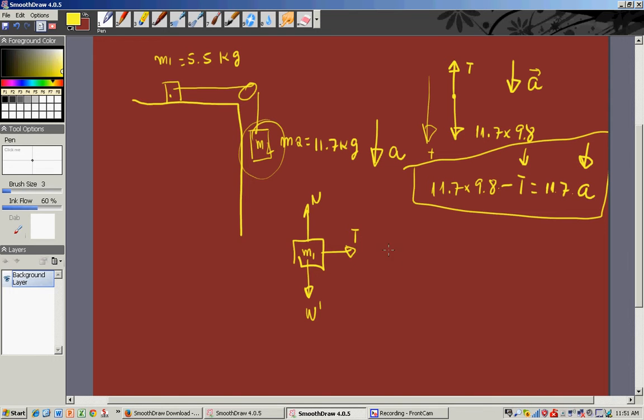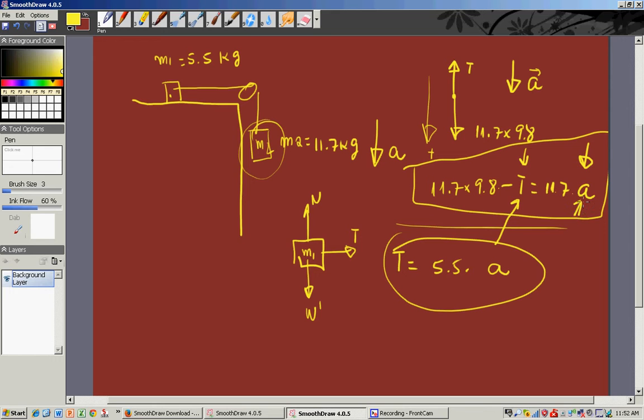But in this problem there is no friction, so you don't need to worry about it. So for block M1, the only thing that satisfies Newton's law is that T is equal to M1 times acceleration. Piece of cake, you get your tension, plug it in there, and then you can calculate acceleration. And once you calculate acceleration, you can solve for everything else in here.